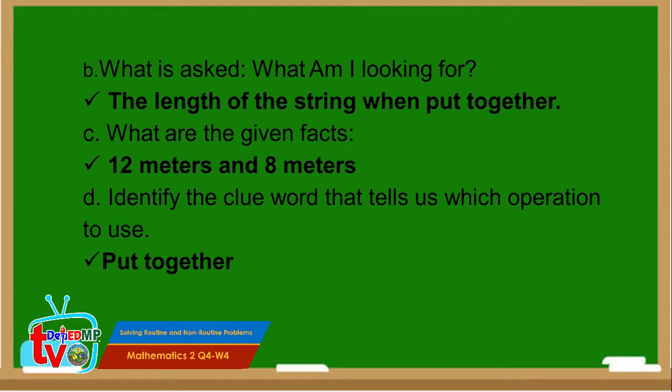So in the problem, the given facts are 12 meters and 8 meters. And letter D, you also identify the clue word that tells you which operation to use. So, the clue word there is put together.